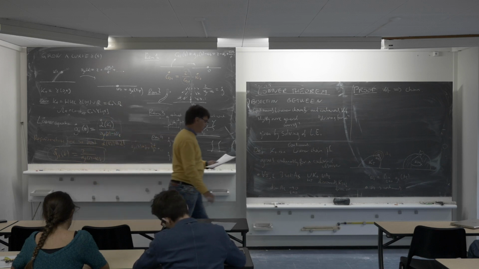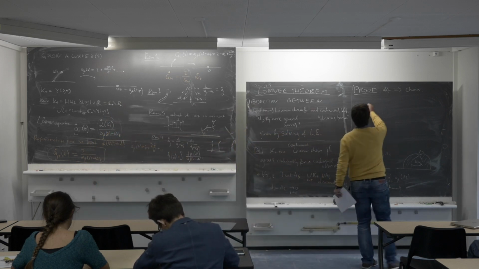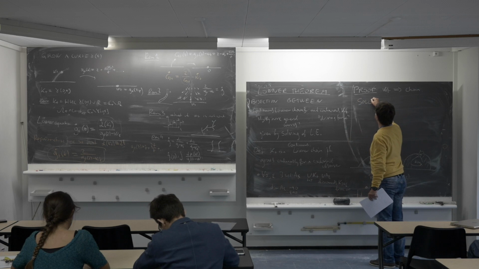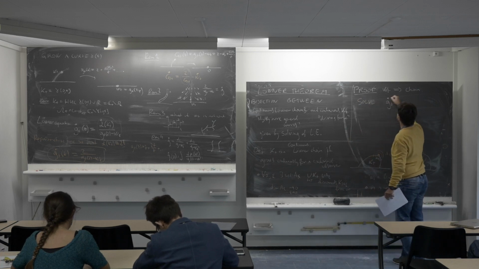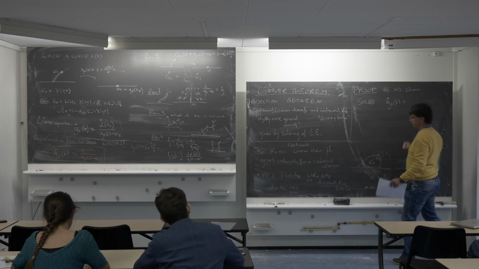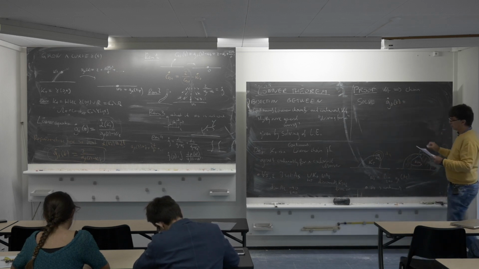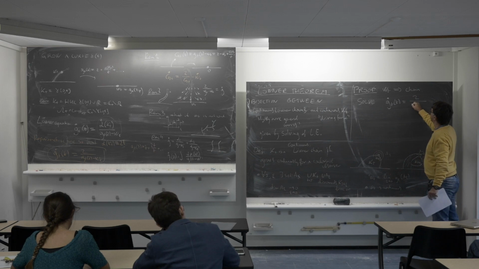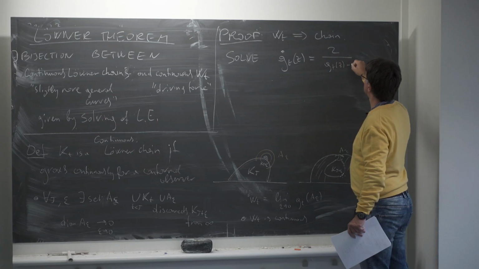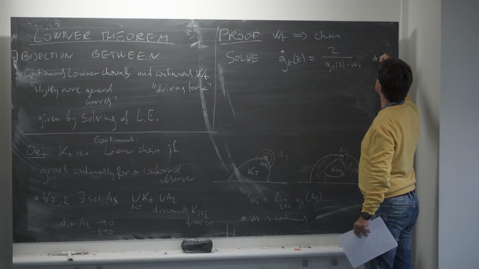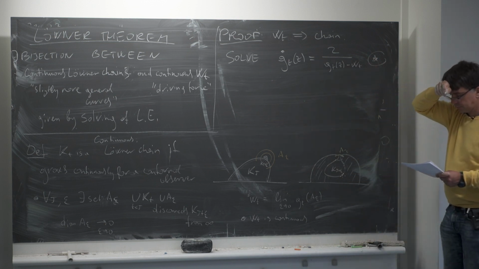So how do you do it? We solve the equation: the time derivative of g_t(z) is equal to 2 over g_t(z) minus W_t.